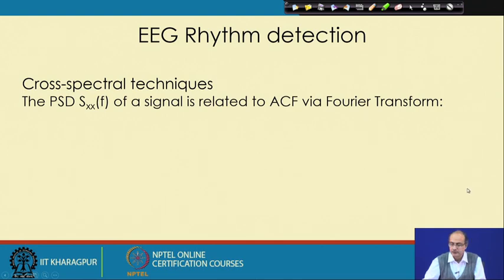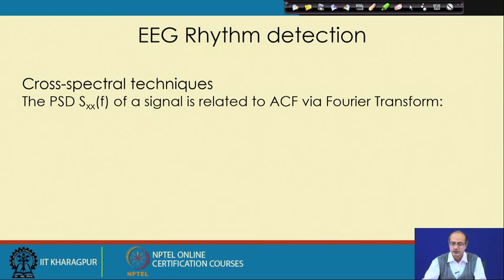Here we will go for another technique called the cross-spectral technique. So far we were working in the time domain. Now, we are switching to the frequency domain, and in the frequency domain we expect some change, some advantages.